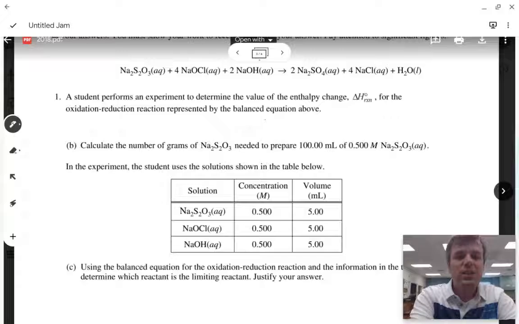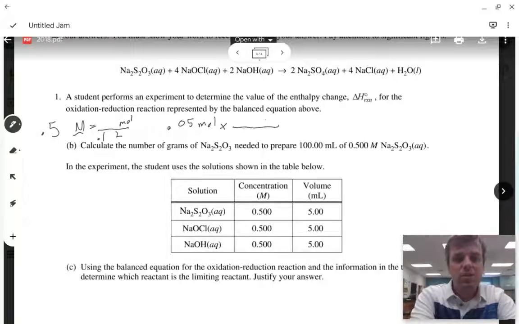We need to find moles and then convert that into grams because molarity equals moles over liters. We've got 0.5 molar and 100 milliliters is 0.1 liters. So we need 0.05 moles.